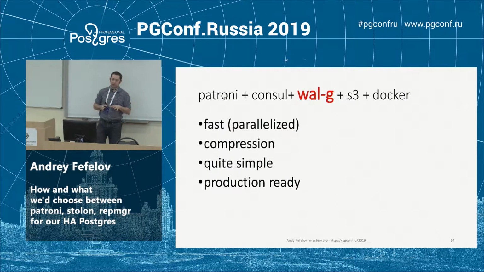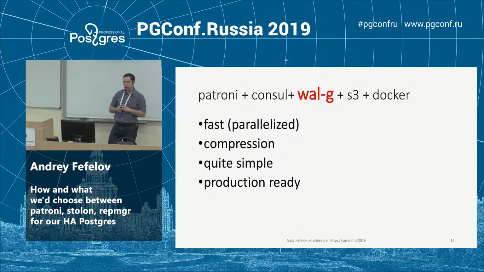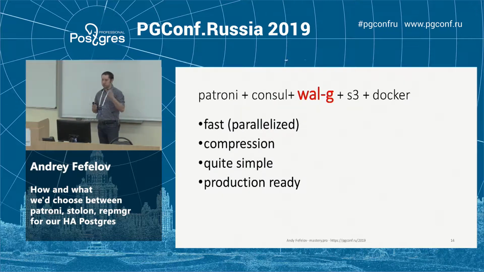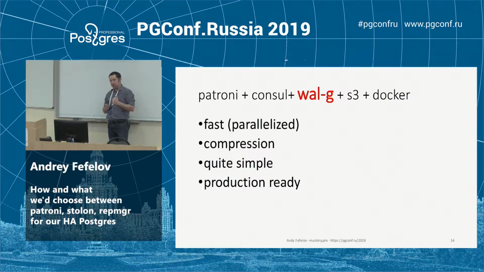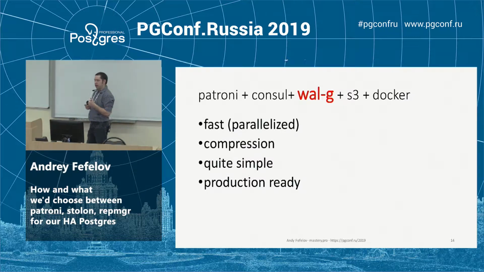The next thing that we use in our setup is WAL-G, a utility which was inspired by the previous project for redundant storage. Why did we choose WAL-G? At that time we used Barman, which was a good solution for redundant copy.